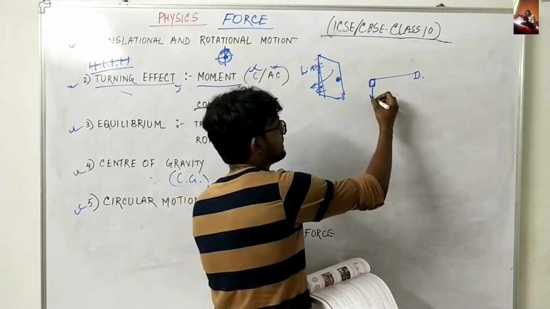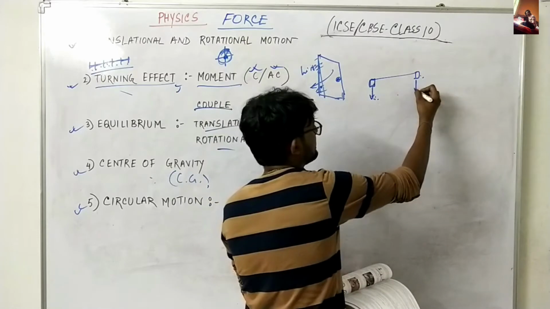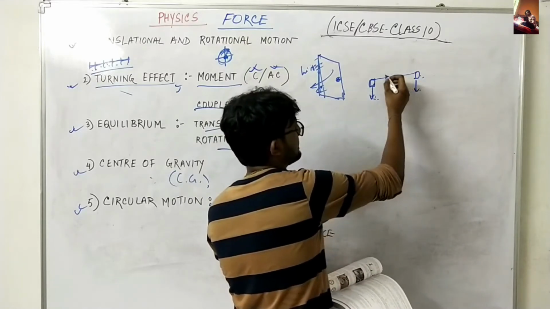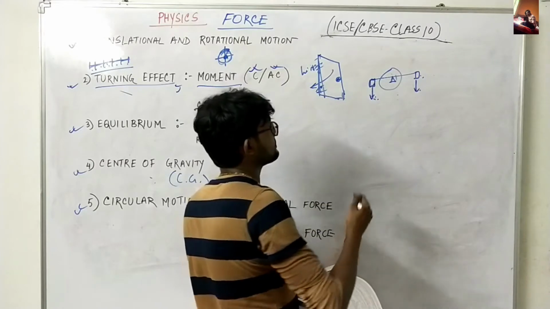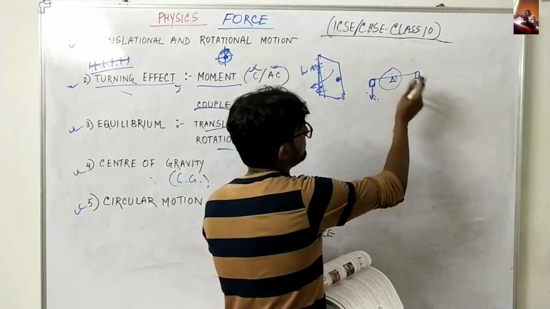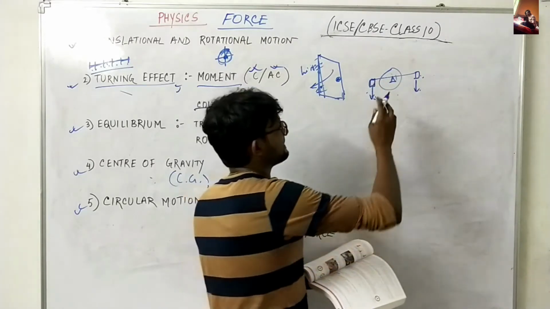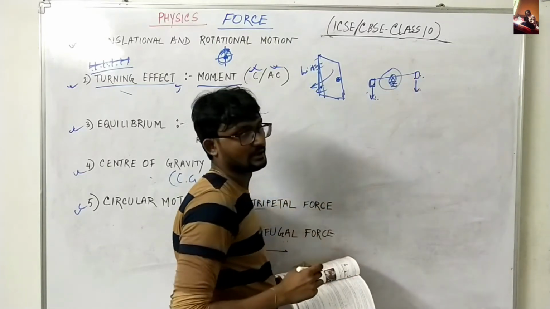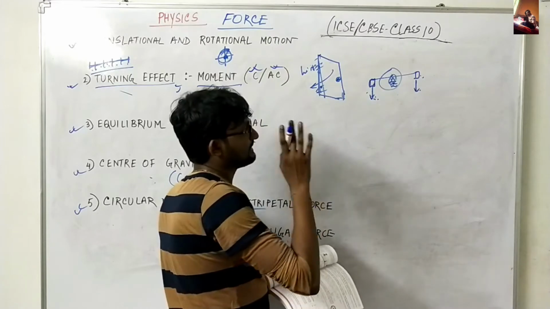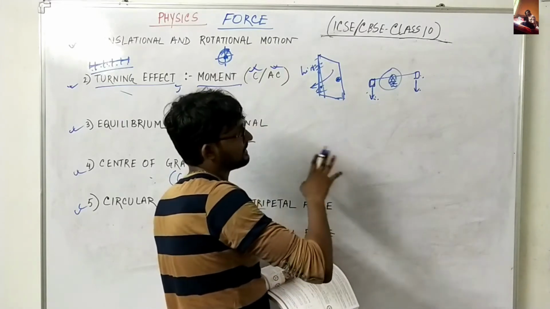Over here a force is being applied, over here an equal force is being applied, and it is being rotated around a particular fixed point. So in this case I will say that it is performing a couple.